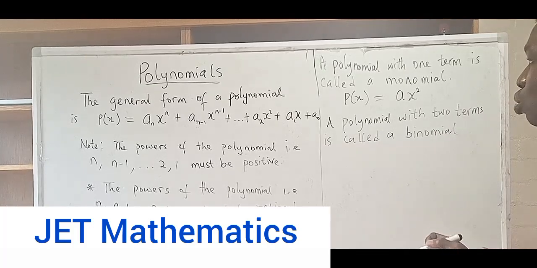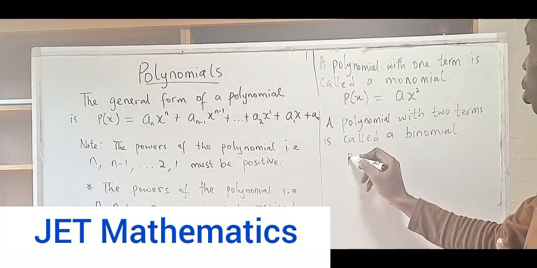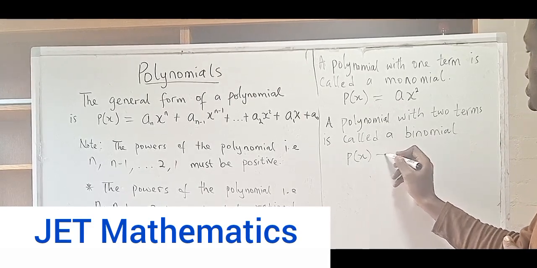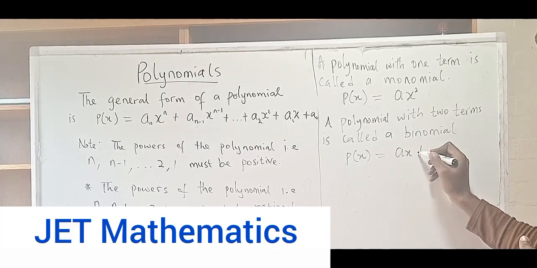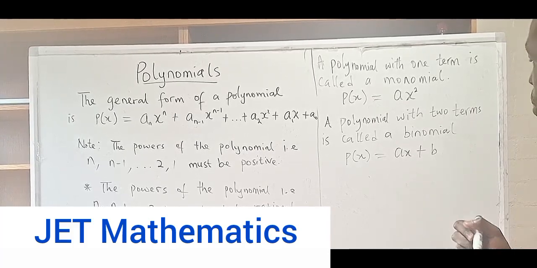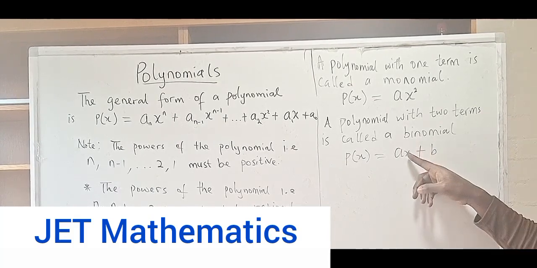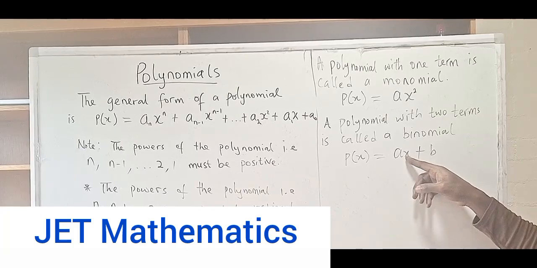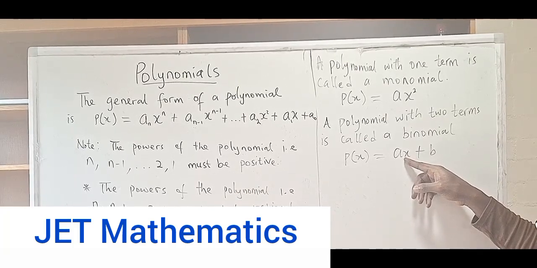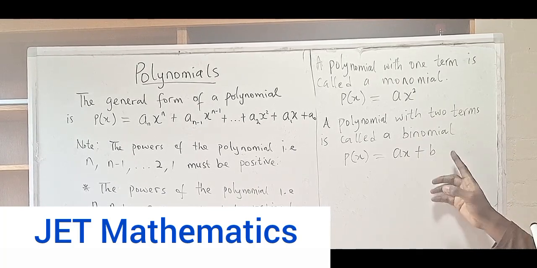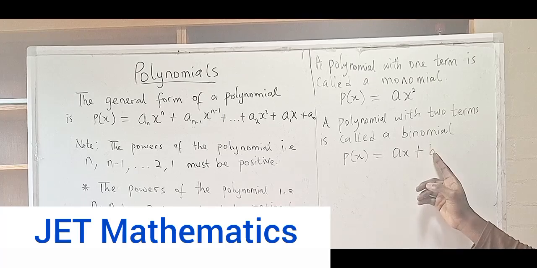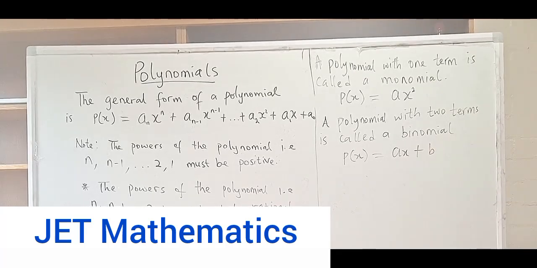So it has just 2 terms. Let's say P of x is equal to ax plus b. The degree of this polynomial, the highest power of x, is 1. So this polynomial is linear, but it has just 2 terms, this and this, so that makes it a binomial.